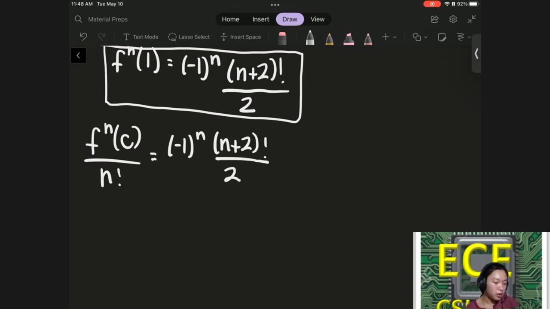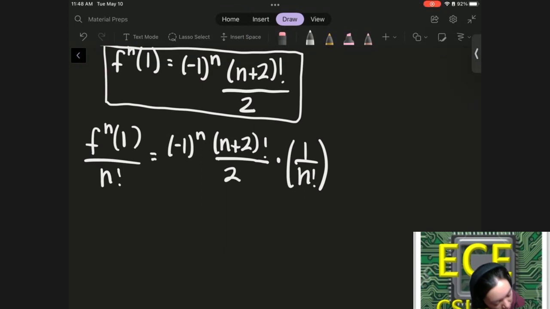Right? That's my f n. Here, let me plug in 1. It's 1. Okay. And then we're multiplying it by 1 over n factorial, which equals, what does this equal?